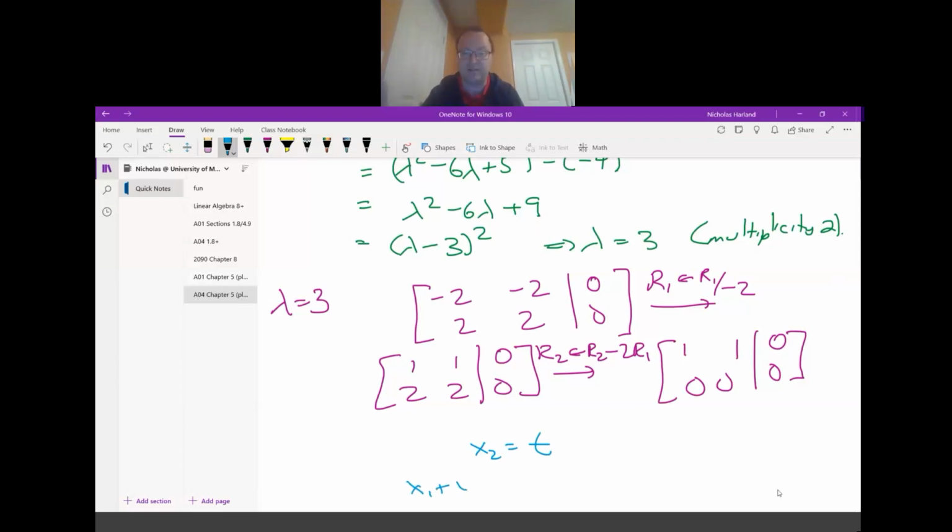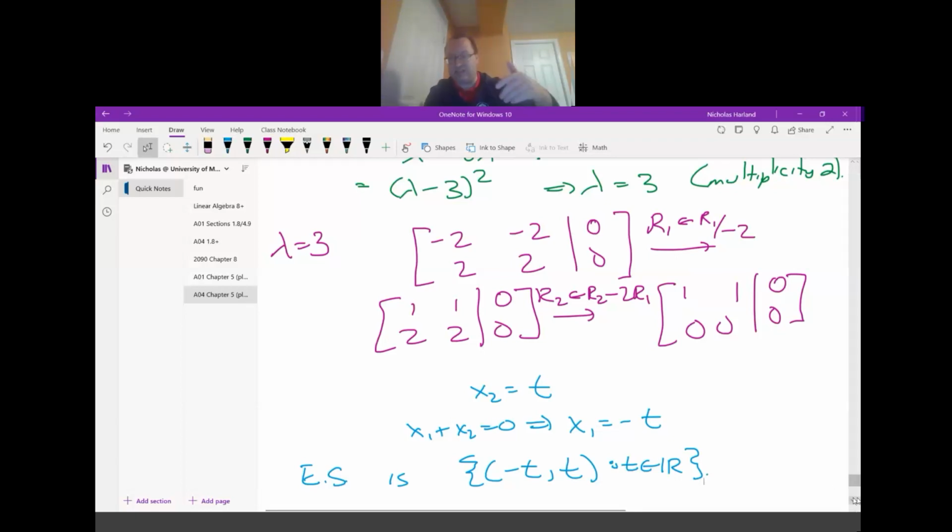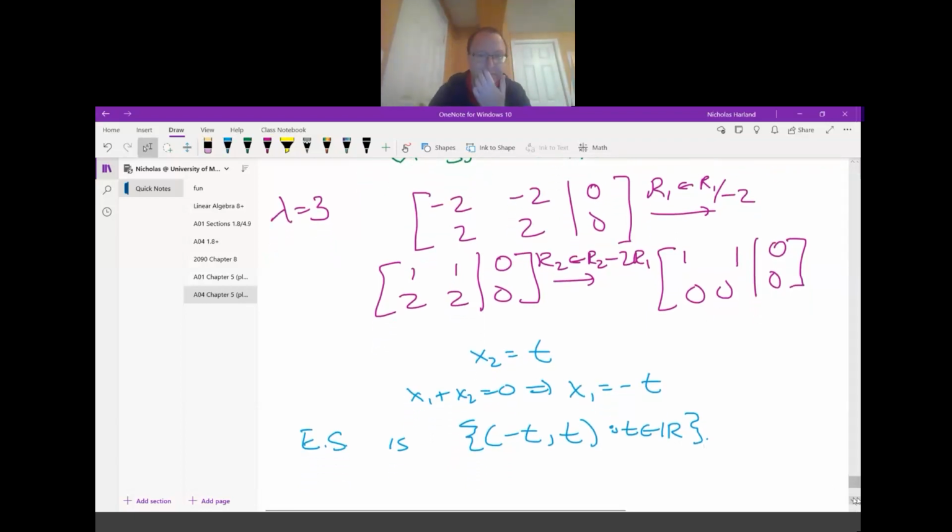And then x1 plus x2 equals 0 tells us that x1 equals negative t. Some people said t and then negative t. That's also correct. And our eigenspace is the set of all vectors negative t, t, where t is some real number. And again, if you had t, negative t, it's the exact same thing. That's also fine. It isn't the exact strategy we used from chapter 1, but x1 could be t and x2 would be minus x1 either way.